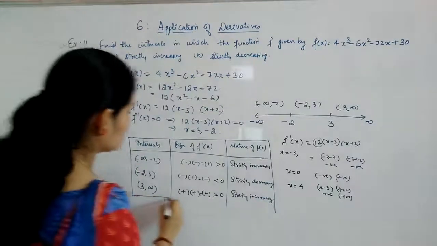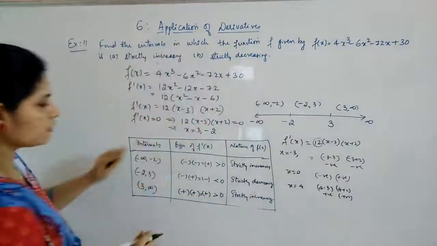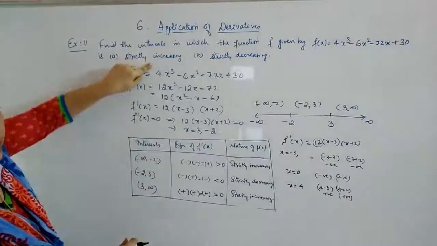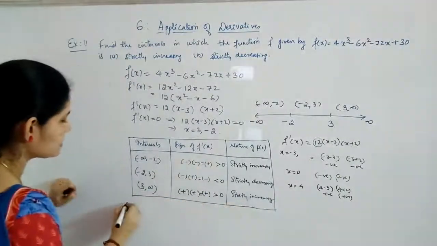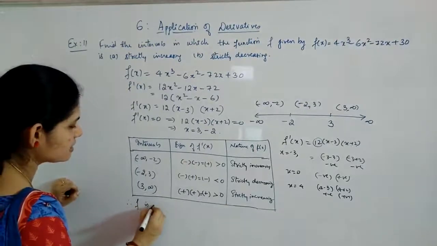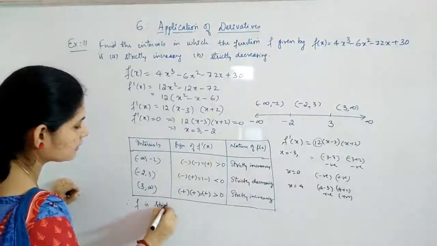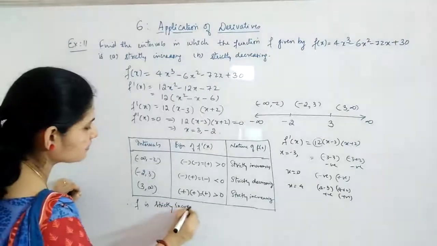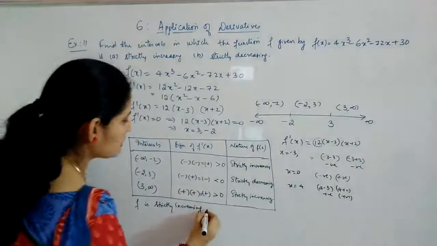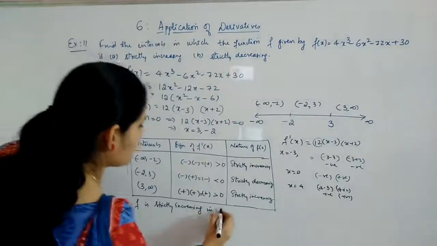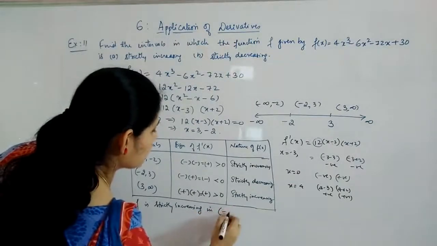Okay, so this is the box, and this will give you all the things which is required in the question. Just you have to take it and write down at last as, therefore the function f is strictly increasing. You have to combine those intervals in which it is increasing. Okay, strictly increasing in the interval minus infinity to minus 2.